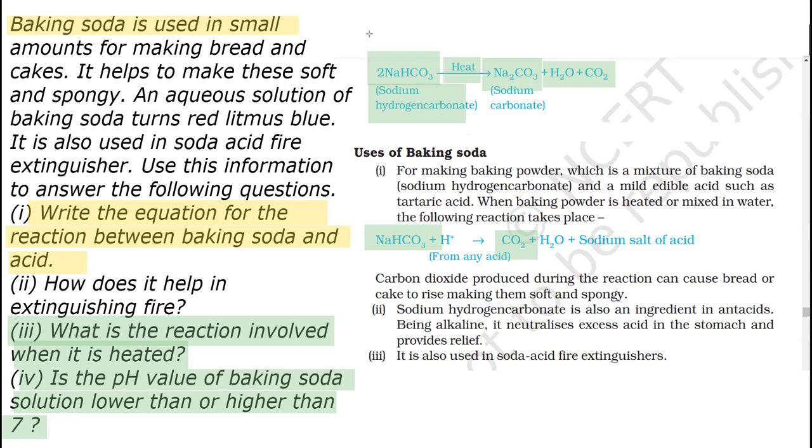As you know, the pH varies from 0 to 14, where 0 is the most acidic, 14 is the most alkaline, and 7 is neutral. So any substance whose pH is more than 7 has to be basic, and since we know it is basic, its pH will be more than 7.